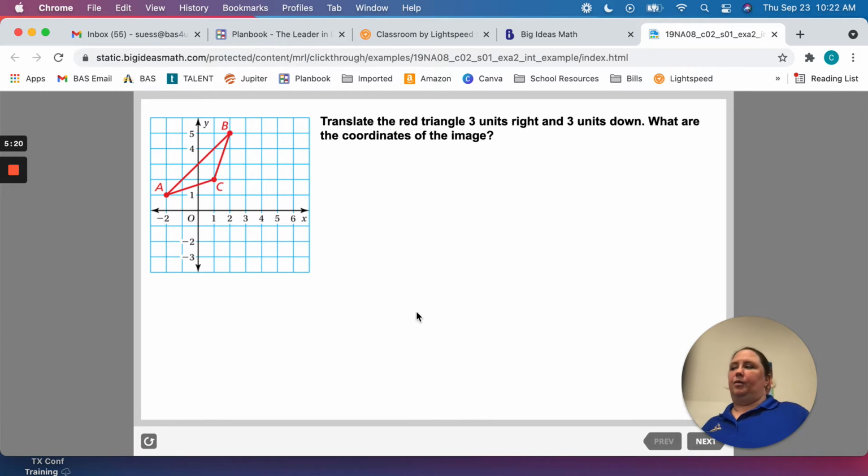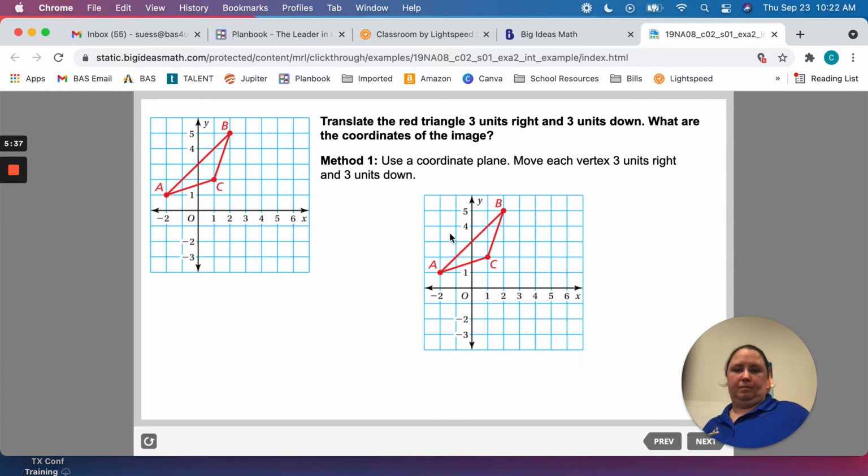All right, so everybody watch up here. We're going to translate the red triangle 3 units right and 3 units down. First, we need to find what are the coordinates. So where's B at? 2, 5. 2, 5. Say X first. It's okay. So you're going to take that and move.